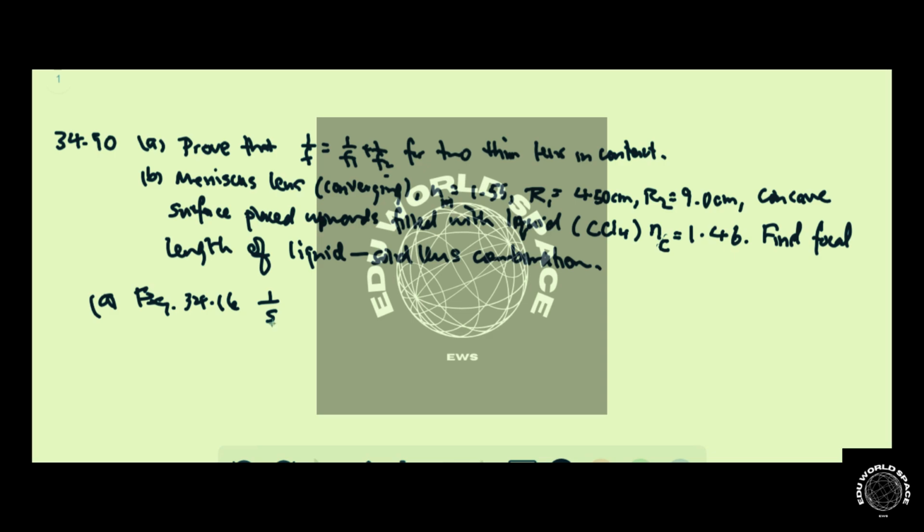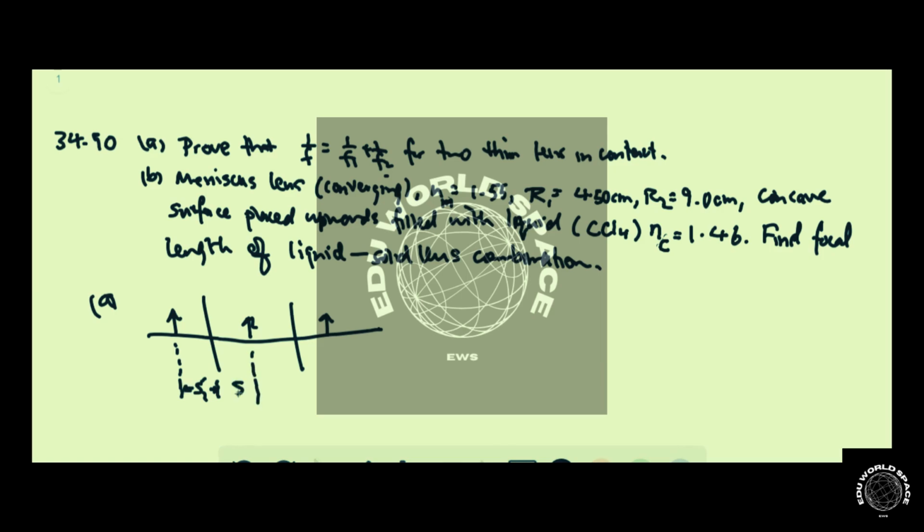Let me go and draw a picture first before I set up the equation. Let's say we have the optic axis, which should be straight. And then you have an object here, a lens here, the image from the first object, a lens here, and another image. Let's say this is S1, and this is S1 primed.